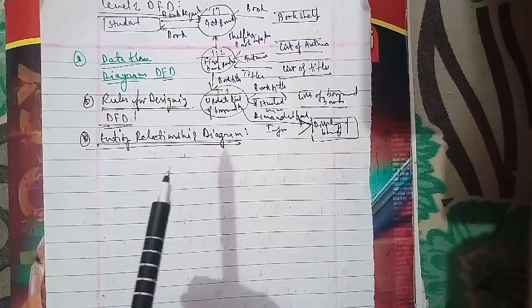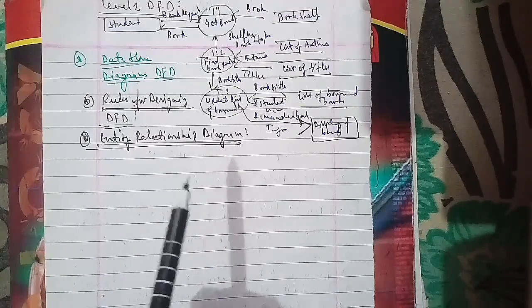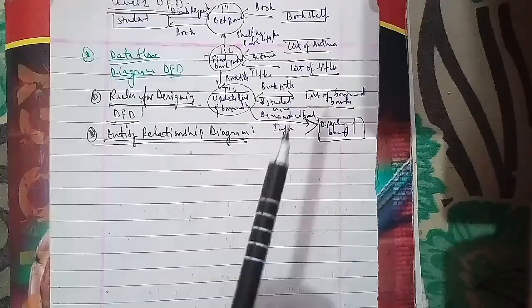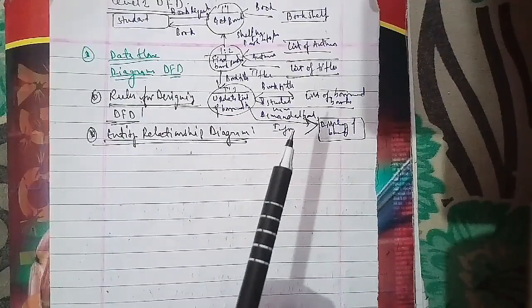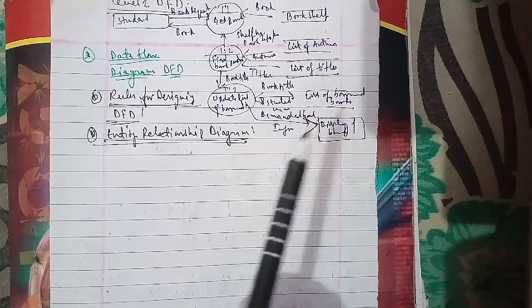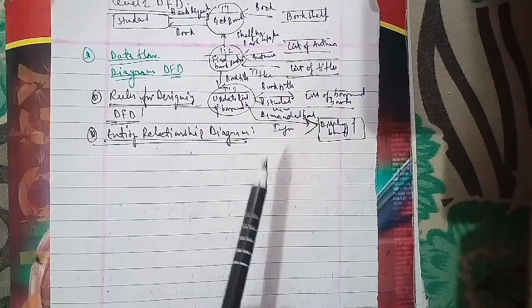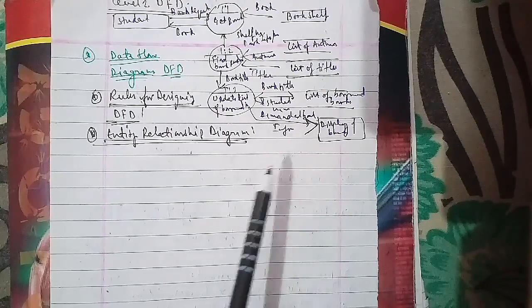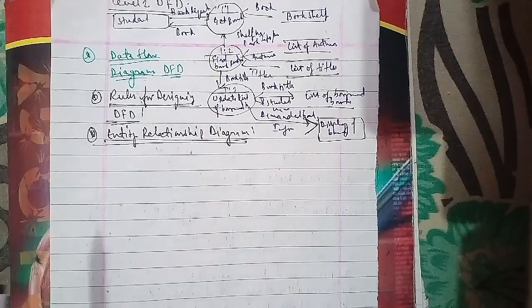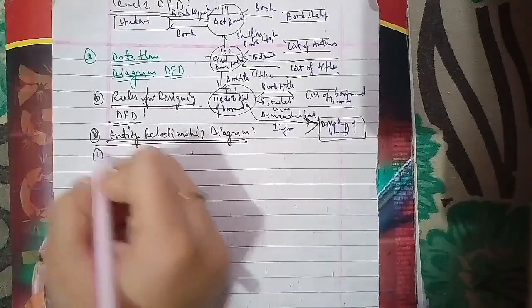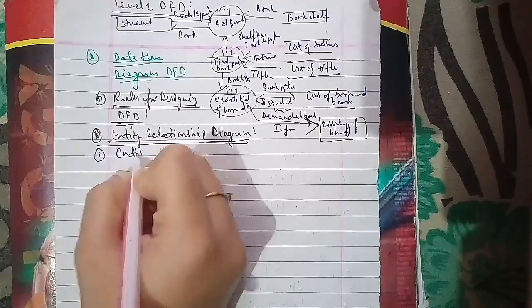Okay, this is an ER diagram, which is known as your entity relationship diagram. In reference to it, this is an entity, these were attributes, all the three are attributes.